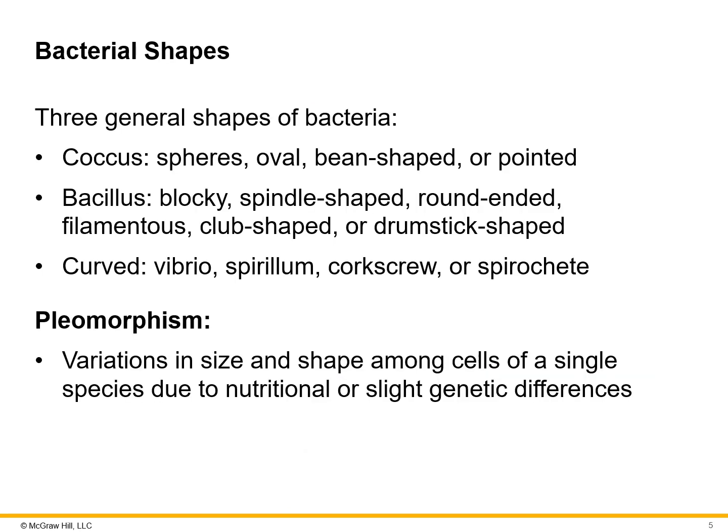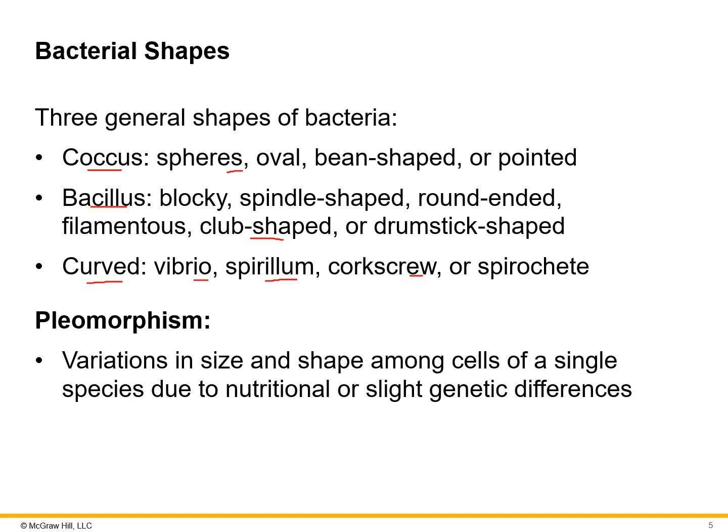If we look at some shapes of bacteria, there are three main shapes. Coccus, which are circles or ovals; bacillus, which are club-shaped or rod-shaped; and also curved, especially spirillum or vibrio, like a comma or corkscrew.